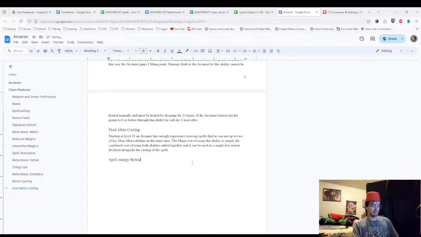Retrieval? Yeah, spell energy retrieval. So this is another pool regen thing. Starting at 12th level. Also, I realize there's the other one. I see it. Alright, starting at 12th level.